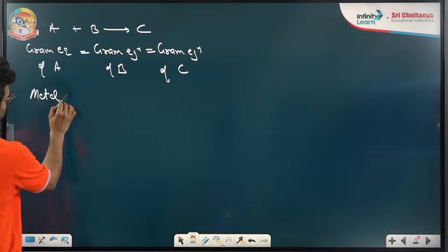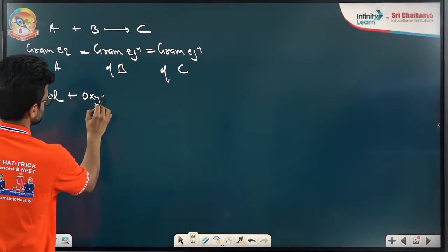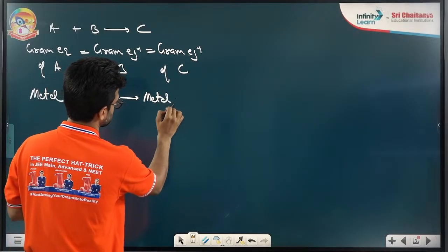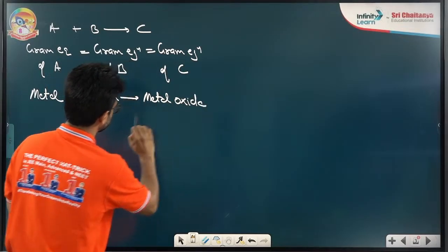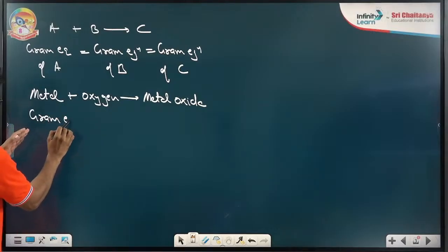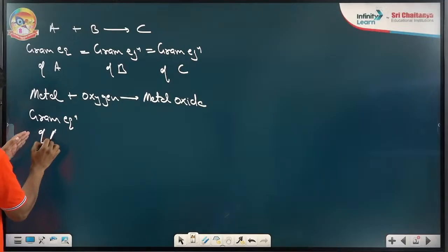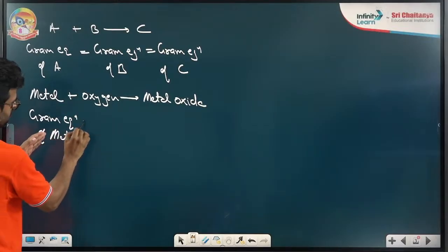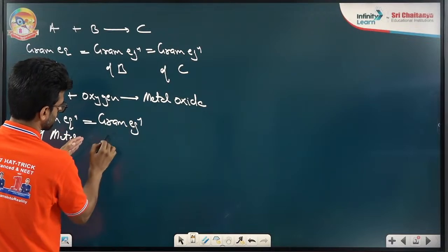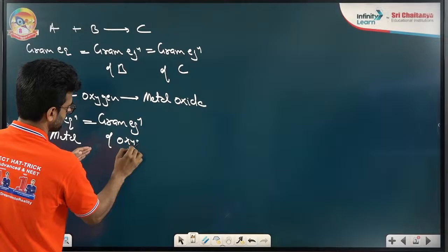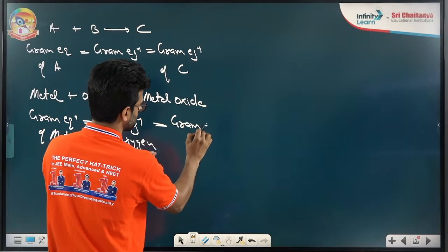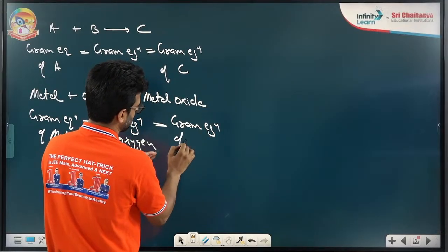Imagine metal is reacting with oxygen, and in the reaction it makes metal oxide. So I can say in this reaction the gram equivalents of metal will be equal to the gram equivalents of oxygen, and equal to the gram equivalents of metal oxide.